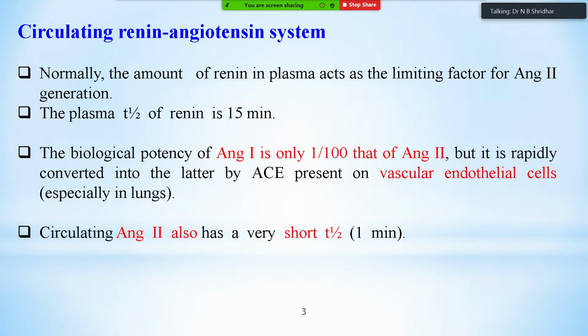Circulating angiotensin 2 also has a very short half-life, about 1 minute, whereas renin has a half-life of 15 minutes.